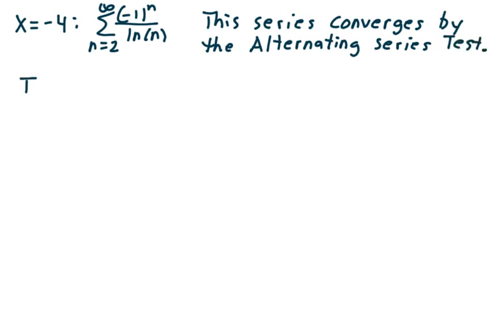So what does that mean? My interval is negative 4 closed to 0 open. My radius of convergence is 2. So that's how number 4 works.